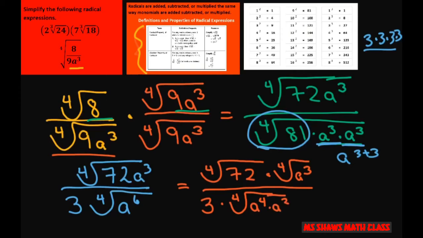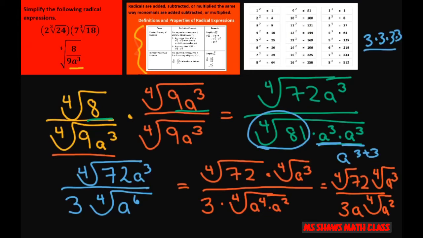All right, and that's going to give me 3 times, these will cancel, so you just get 3a 4th root of a squared. Then we have the 4th root of 72, oops, 72. Why did I do that? Times 4th root of a cubed.